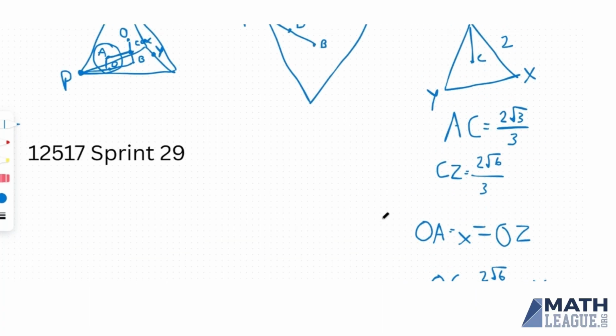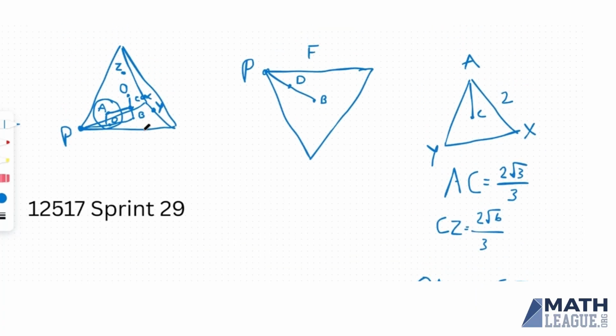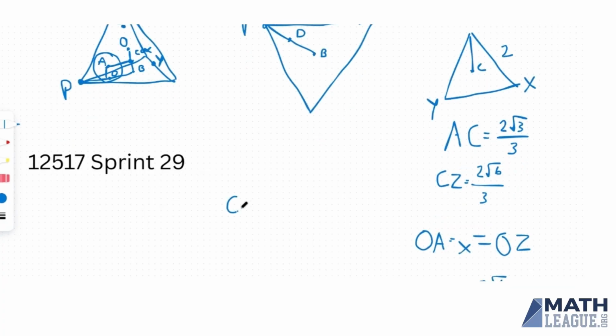Then, by similarity, the large pyramid and pyramid AXYZ are going to be similar, and specifically the large pyramid is going to be pyramid AXYZ scaled up by a factor of OB over OC, which are corresponding segments.